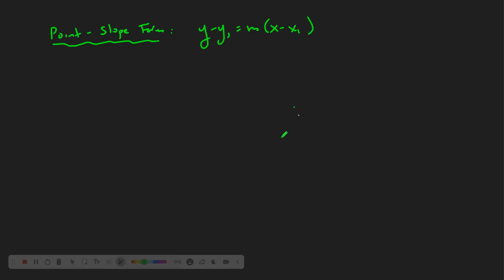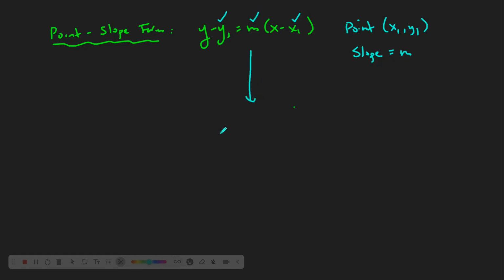In this formula, you have a point, x1, y1, which will be given to you, and you have a slope, which is the letter m. So you will replace x1 with a number, y1 with a number, and m.